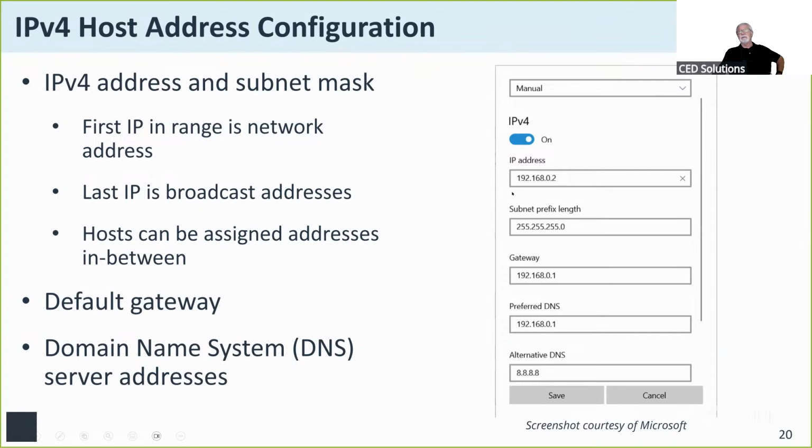If I'm doing it manually, I decide what IP address I'm going to assign to the computer. I have to tell it and key in what the subnet mask is for this network.